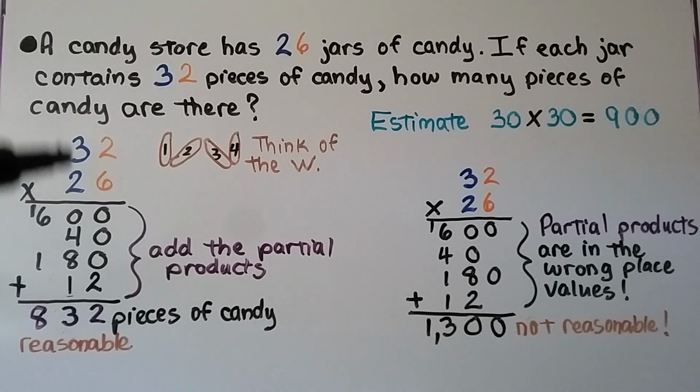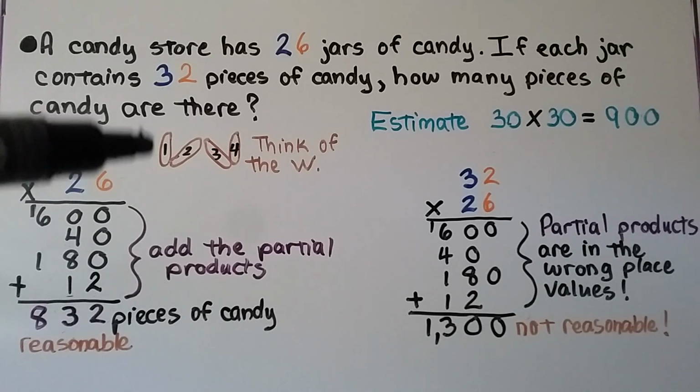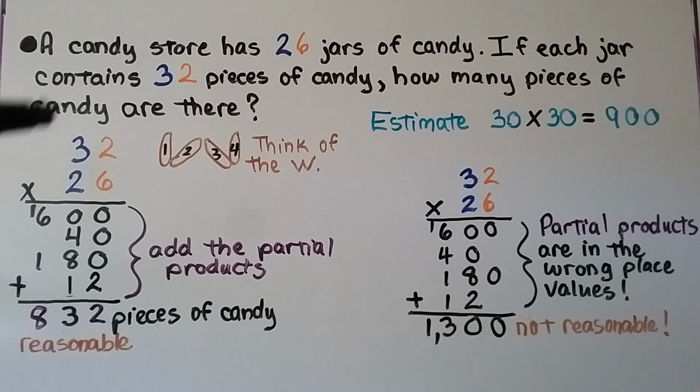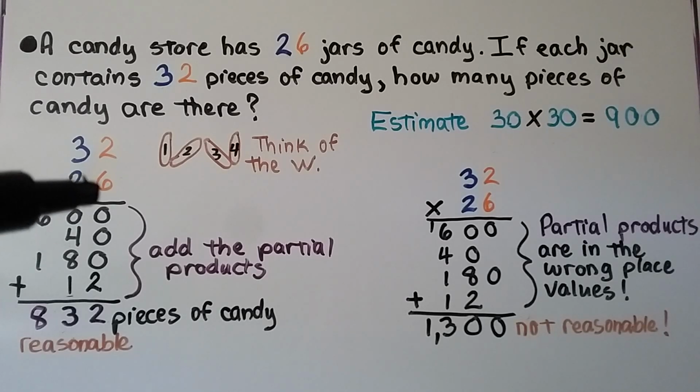When we stack them and multiply them using partial products, we start with the tens. We have 20 times 30. Remember, we're starting and thinking of the W, so we have 20 times 30, that's 600. Then we do 20 times 2, that's 40. Then we do 6 times 30, which is 180.